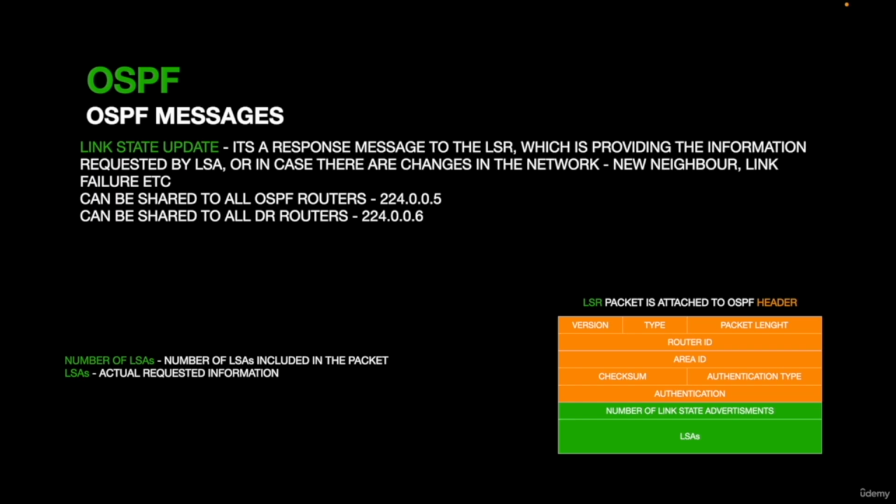This message can be shared to all OSPF routers using the 224.0.0.5 multicast address, or it can be shared to all designated routers, which means the designated router and backup designated router, and it will use the 224.0.0.6 IP address. The LSU packet will include the number of link state advertisements, which is telling us the number of LSAs that are being sent, and we'll have the LSAs, which is the actual requested information, routes, and so on.